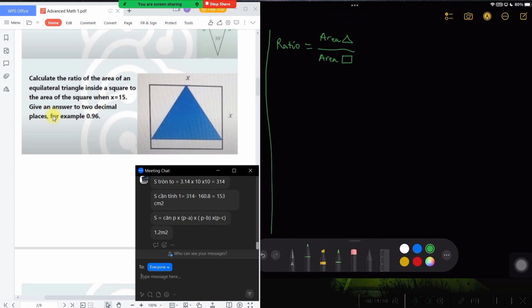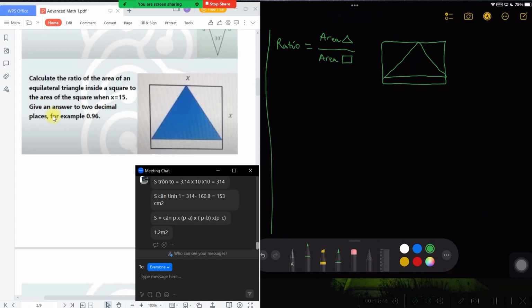So this is a hard one. Not hard, not hard. Tính công thức hero đó thầy. I don't know that formula though.